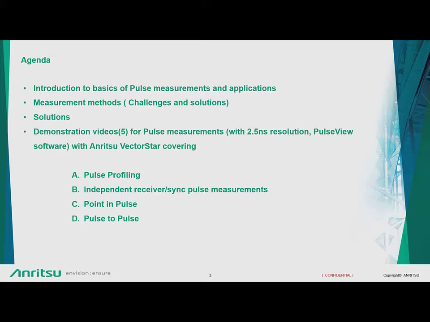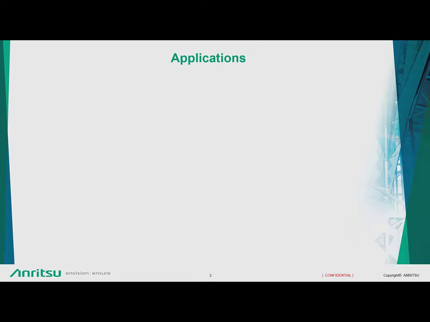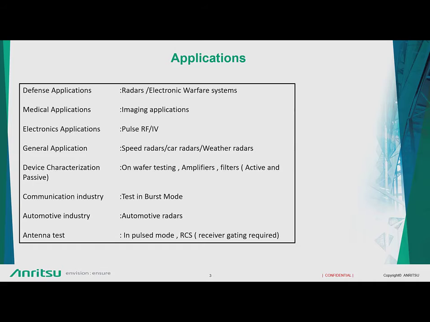But moving on, let's talk about the applications which require pulse measurement capabilities. The applications for pulses are huge. The first and foremost application is for defense, because these guys use radars a lot, and also for electronic warfare systems.